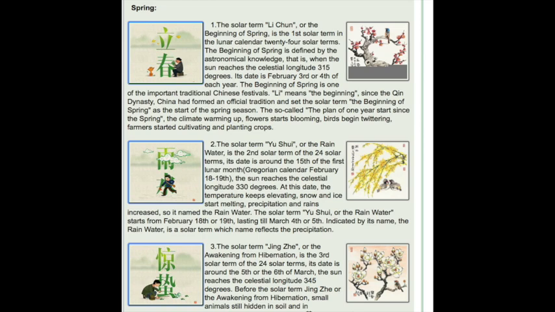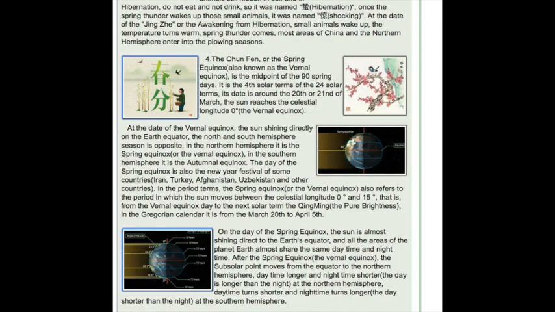Before the solar term, small animals are still hidden in soil and in hibernation, do not eat and do not drink, so it was named hibernation. Once the spring thunder wakes up those small animals, it was named shocking.